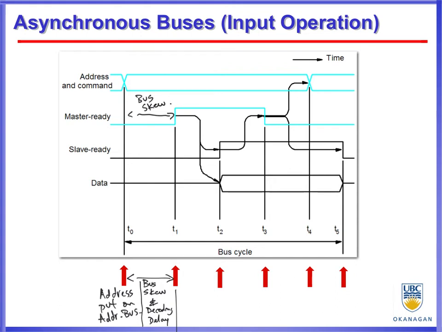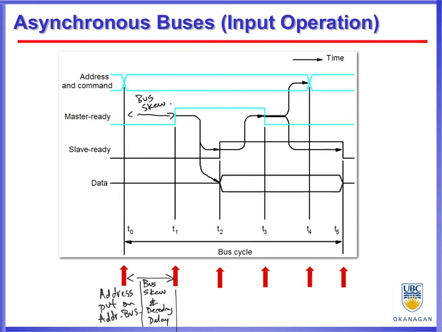These arrows here are a cause and effect type of relationship. So when the processor asserts the master ready signal, and the devices see that, what they do in response is put the data for that address on the data bus and assert the slave ready. They're not going to do that until the master asserts the master ready.